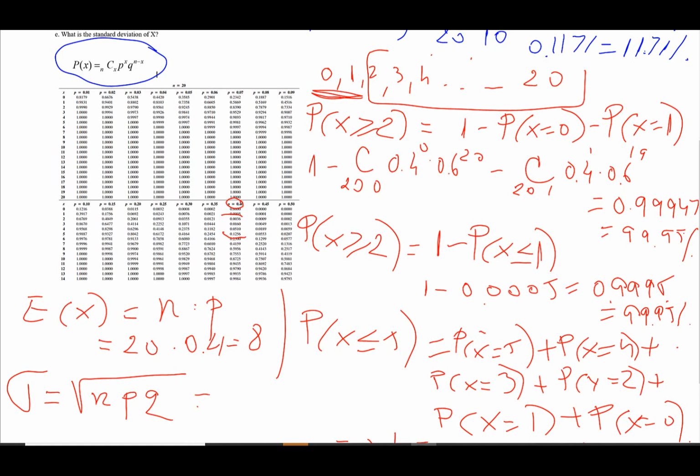So if we plug in this formula, it will be the square root of 20 times decimal 4 times decimal 6. If we calculate this one, we have a standard deviation of 2.19. So on average, I will expect to have 8 plus and minus 2.19 non-authentic names on this list.